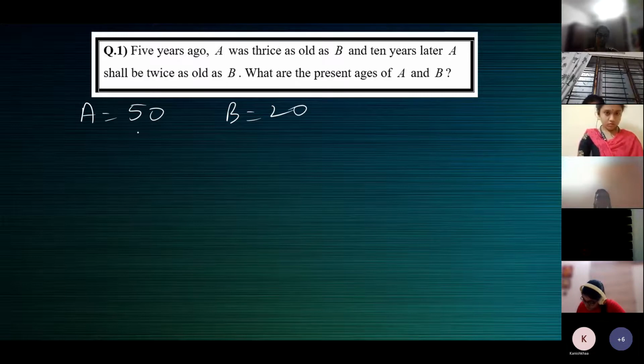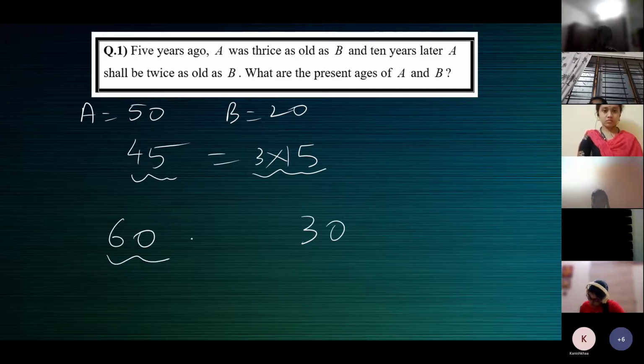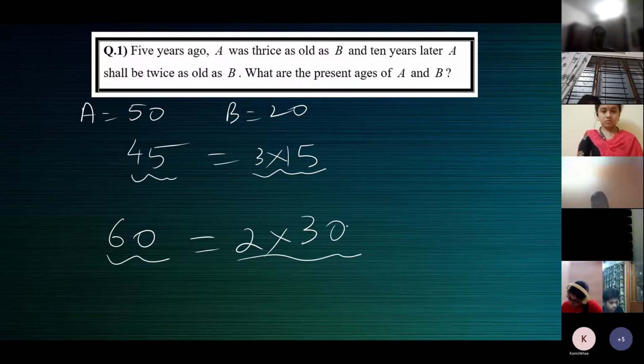So 5 years ago, A would have been 45 and B would have been 15. So 45 is equal to 3 into 15, A is 3 times B. Then 10 years later, A is 60 years, B 30 years. You can see A is twice as old as B. So what you got is right.